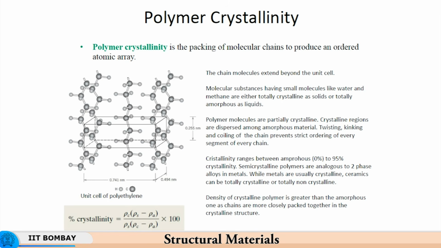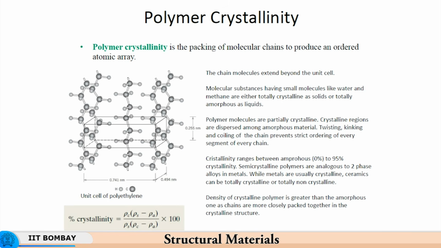Whereas in case of amorphous chain, the atoms are spaced out, not at the point of maximum stability or at the closest points, so the spacing is not the minimum, it is more than the minimum spacing.